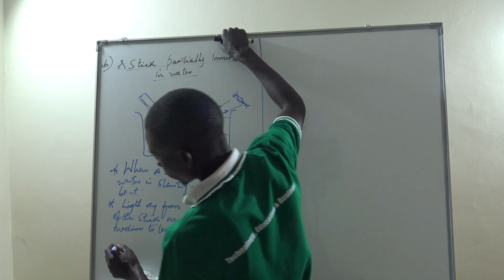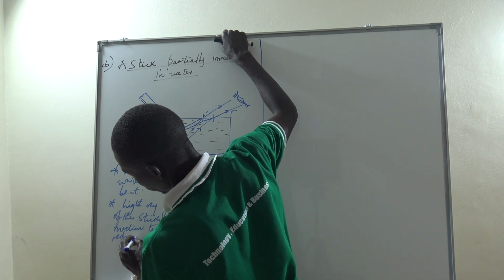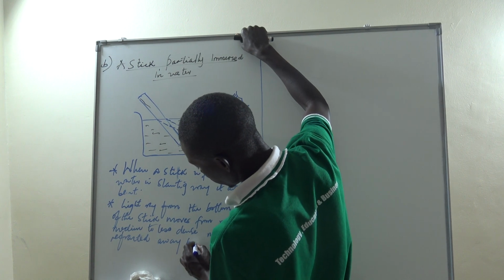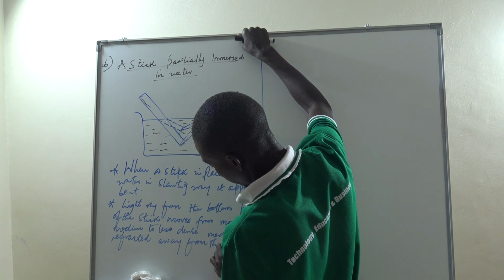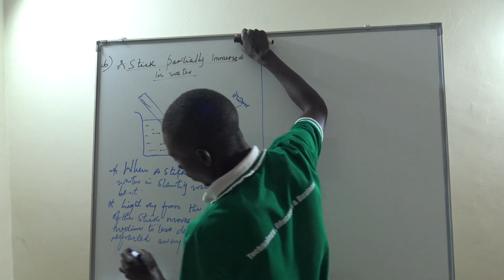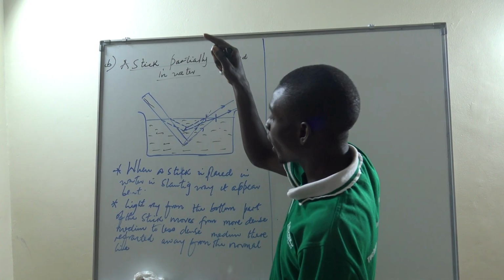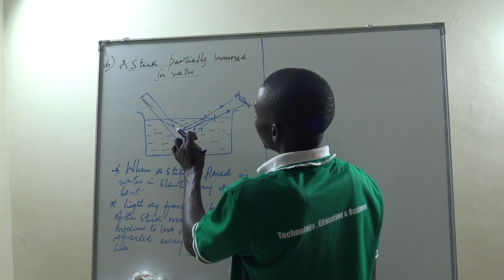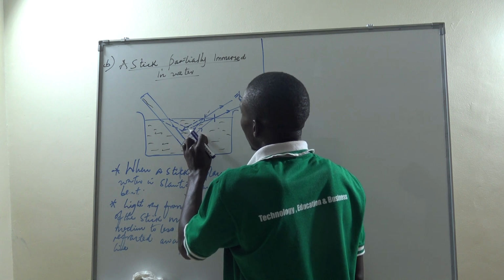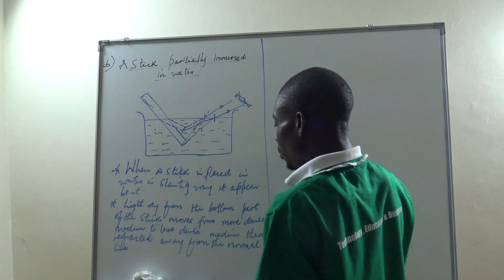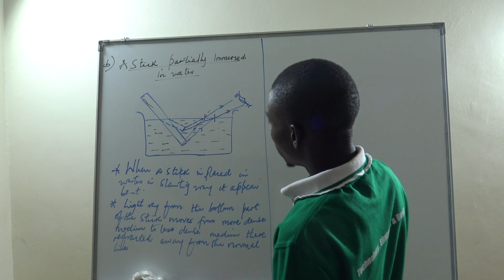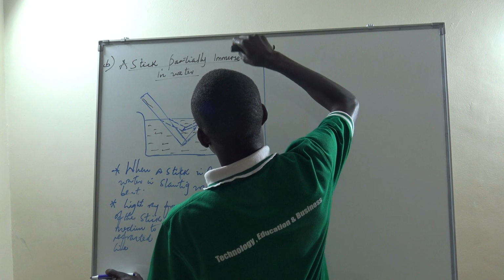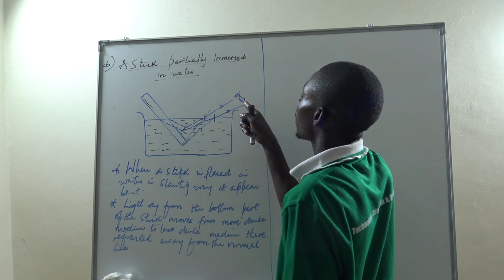Therefore, refracted away from the normal line. Okay? That the light ray that is from this tip here, as it's traveling from this more dense medium to the less dense medium, it is refracted away from the normal line in the observer's eye.